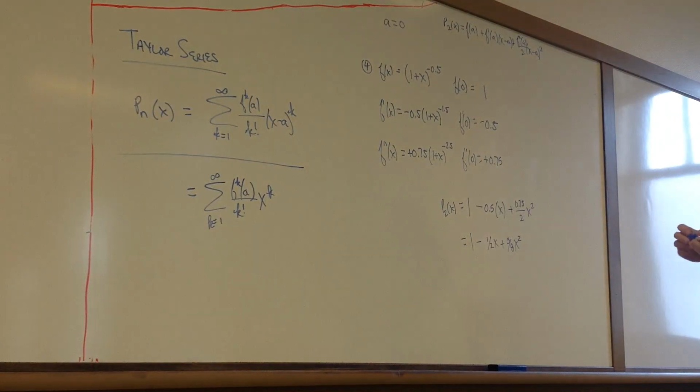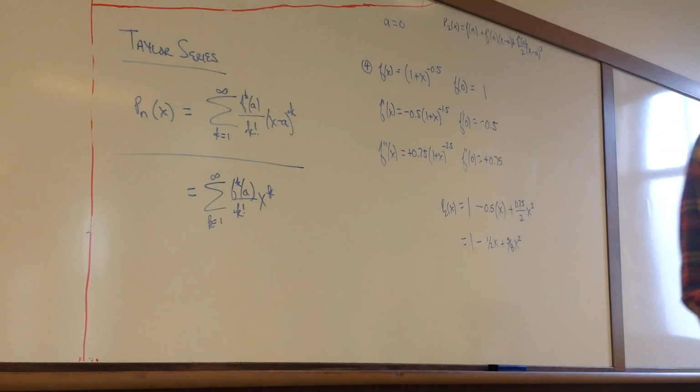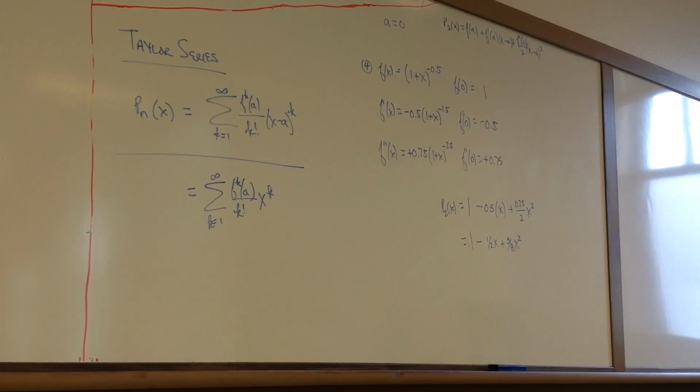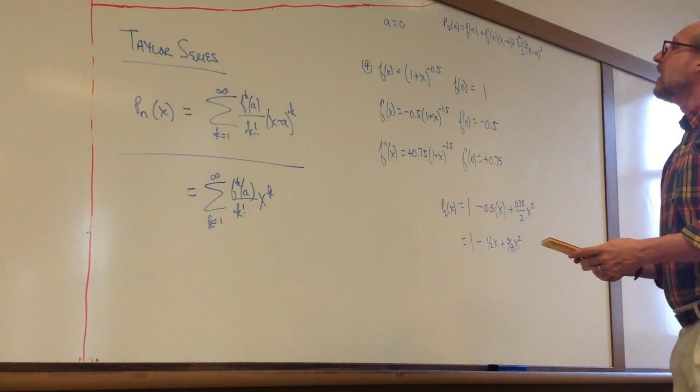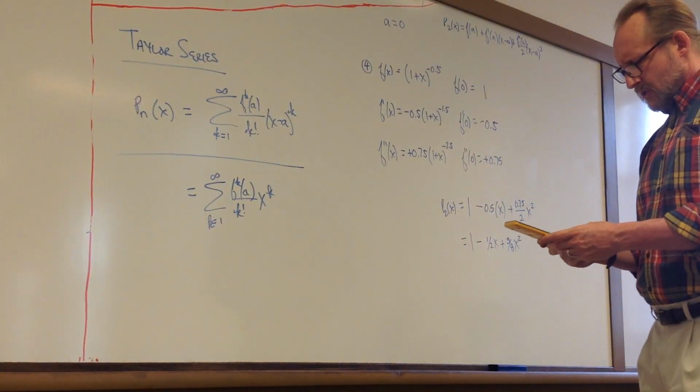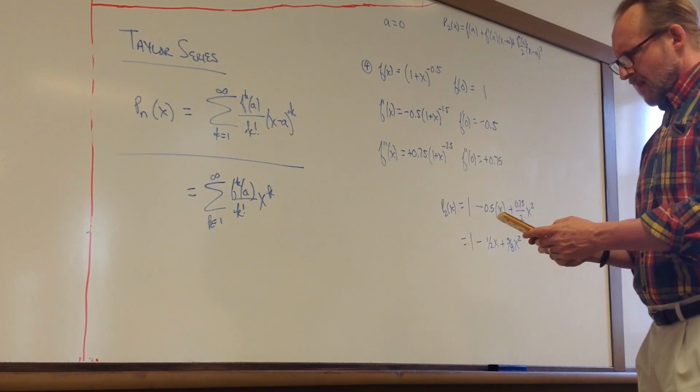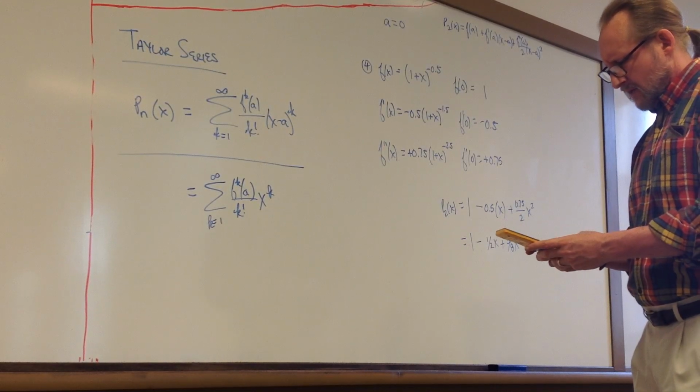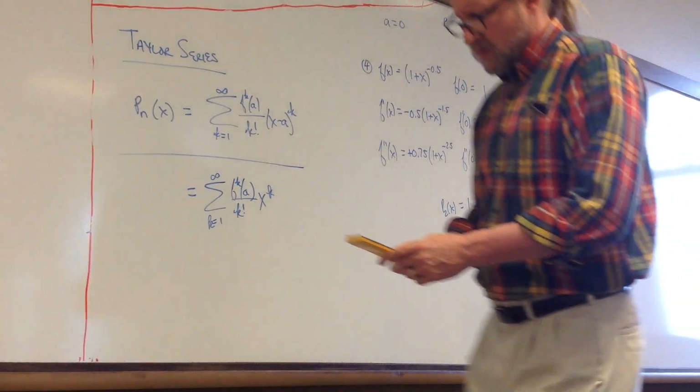Now let's take a minute to look at what this graph is going to look like, and what this approximation looks like. First I'm going to do 1 plus x to the negative 0.5 power.